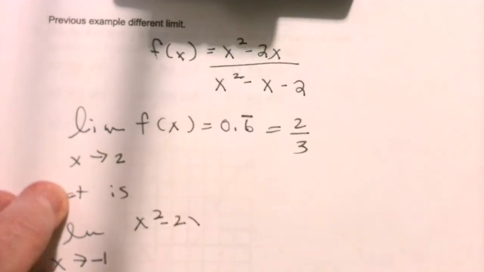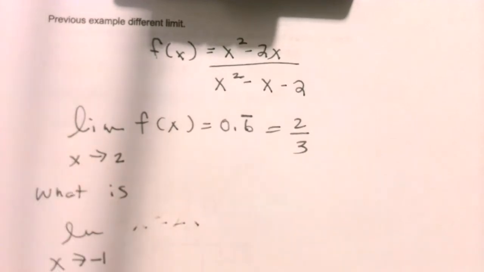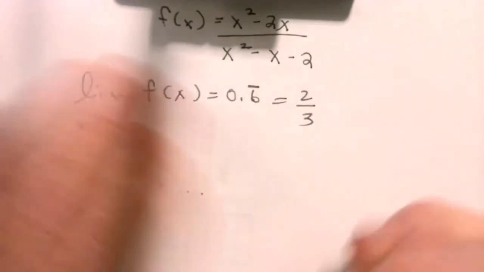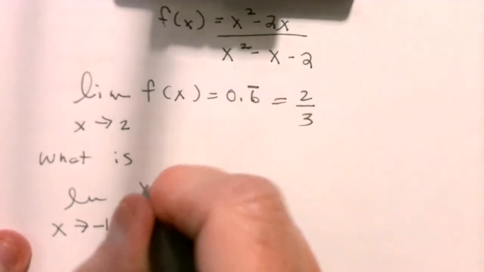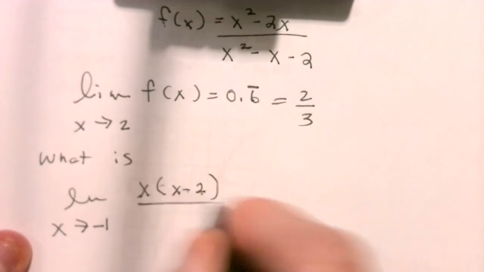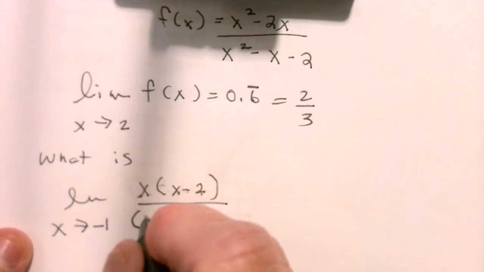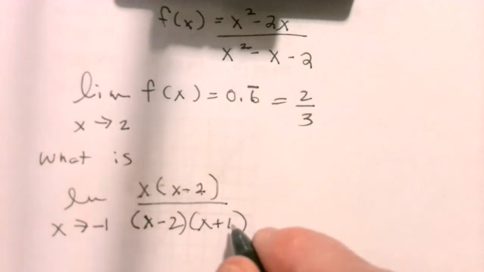And let's go ahead and put it in factored form right here, because we're going to be doing this in the next section. So let's just look at it in factored form, because we could factor an x out of the top. And we could factor the bottom. I think that was how it went.